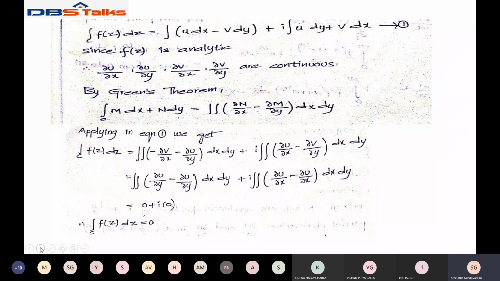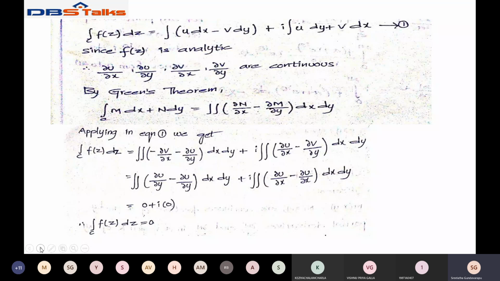We get integral C f of z dz equal to, so the first term in equation 1 is u dx minus v dy. This is in the form of integral M dx plus N dy. Here M is u and N equal to minus v. So that equals double integral of minus dou v by dou x, this is dou N by dou x, minus dou M by dou y, which is dou u by dou y, dx dy, plus i into double integral u dy plus v dx.